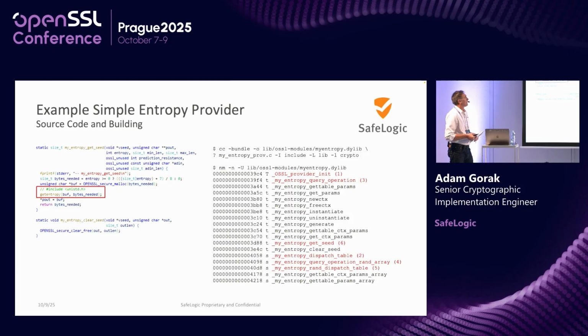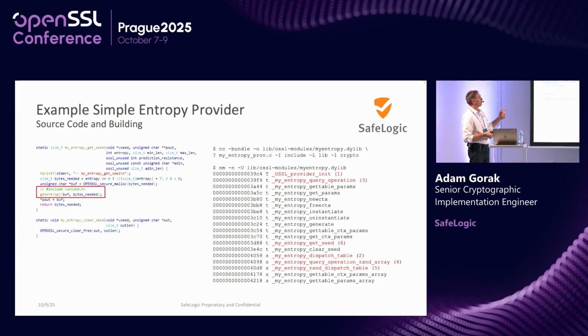As you can see, the compilation of this file is also quite straightforward. We create a file directly in the OpenSSL modules directory, and the content of the provider file, this simple one, is also quite simple. As you can see, there is one public symbol, the provider init, the entry point, and all other functions and variables are local.